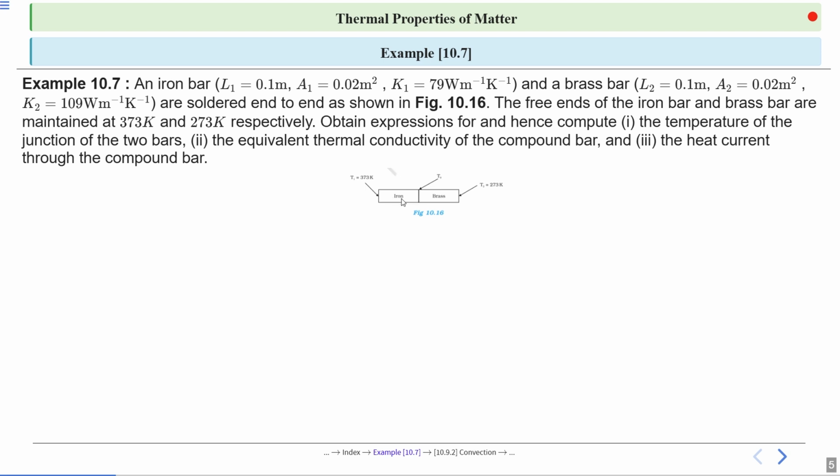10.16. So look at here, figure 10.16. We have two bars, first iron bar, second brass bar, and both are soldered end to end.